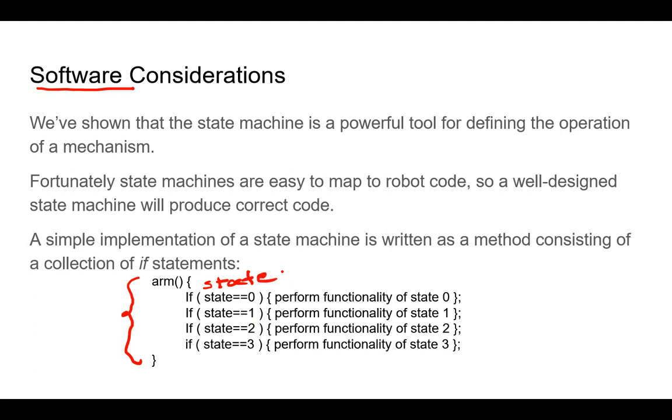Generally, some initialization process will assign state equal to 0 at the beginning, and then afterwards we would execute this statement. Now, the trick here: when we call ARM, as it moves down through states, let's say our current state now is 1, it will stop here and perform this function.